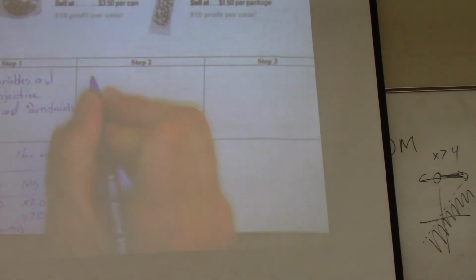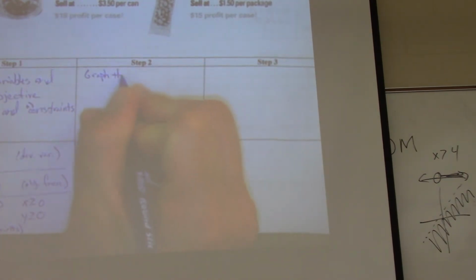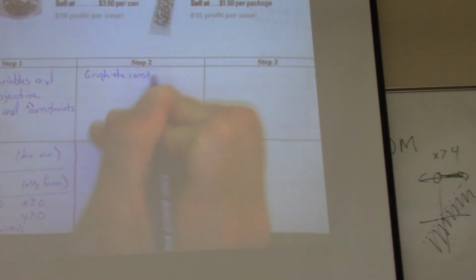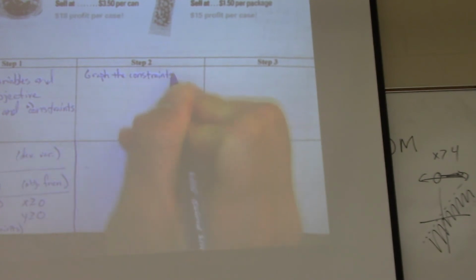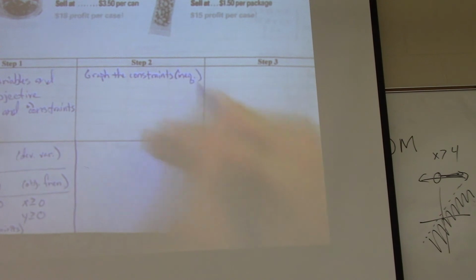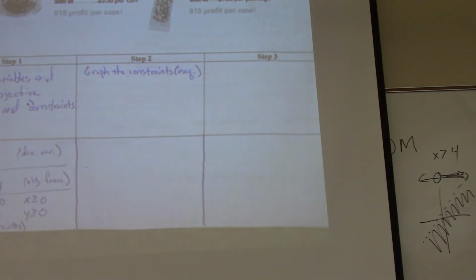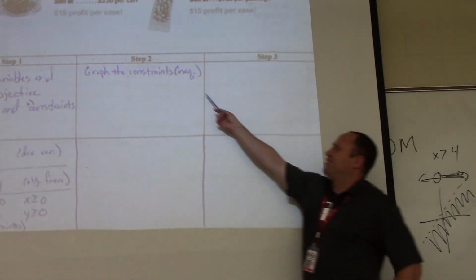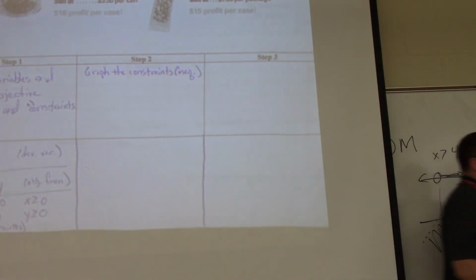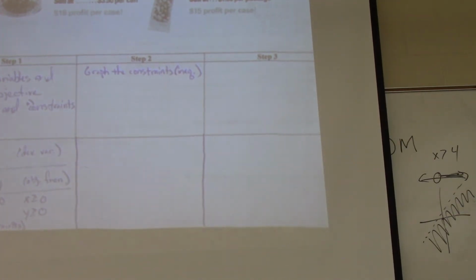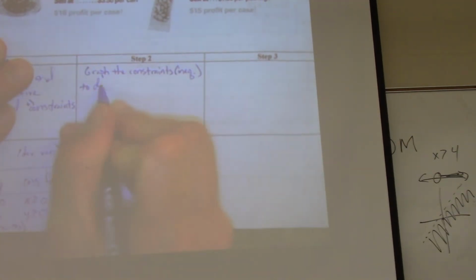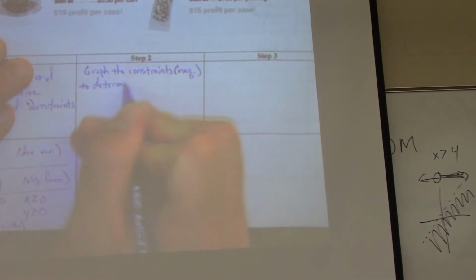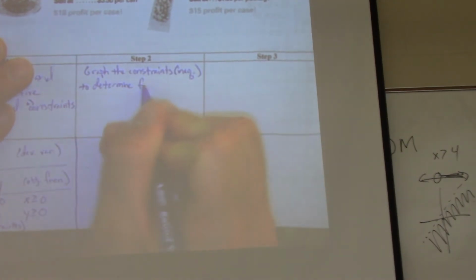All right, step 2. Step 2 is to graph the constraints. I'll put in parentheses here, inequalities, abbreviating that so you see it. We're going to graph those to determine the feasible region.